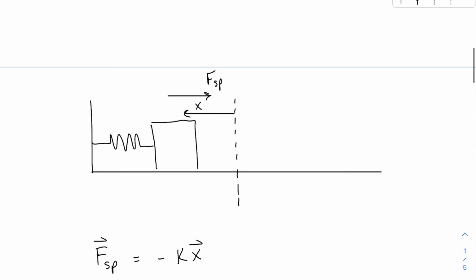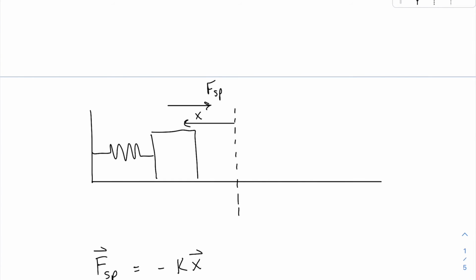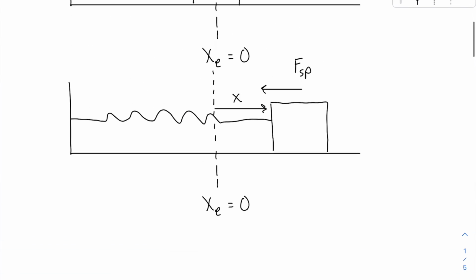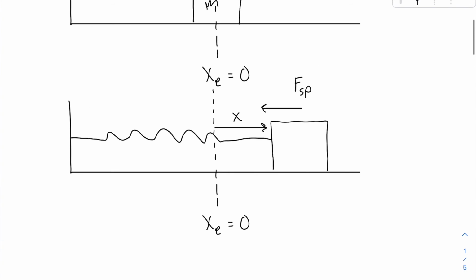If we look back up here at our picture, as we're going from our equilibrium position or some initial position to our final position, what we can see is that the spring force is opposite of the displacement. So we're going to use the angle of 180 degrees for that.